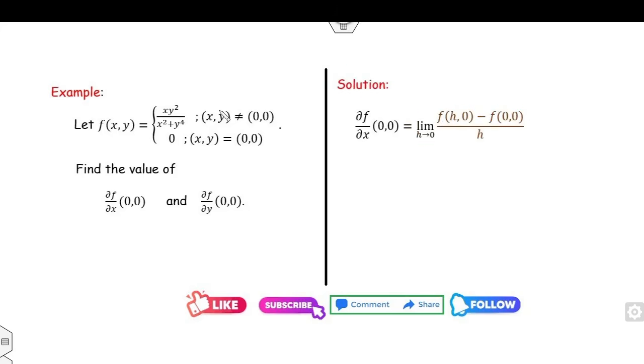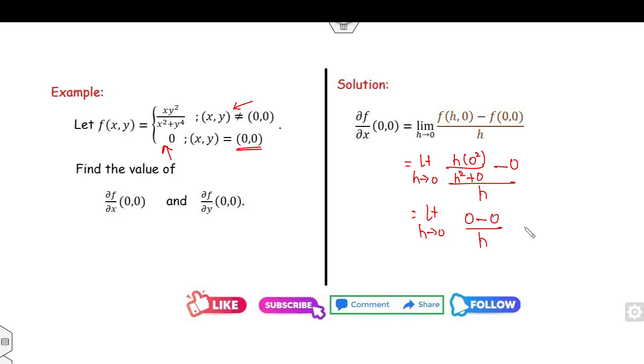So what is the value of f of h comma 0? This is the case when you substitute h comma 0, the answer is 0, because h into 0 square divided by h square plus 0. When it's 0 comma 0, the answer is 0. So again it's 0. So that means the limit is 0 minus 0, which is 0.